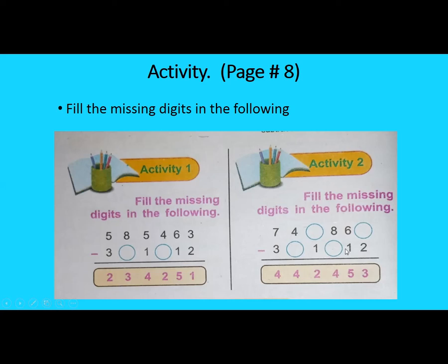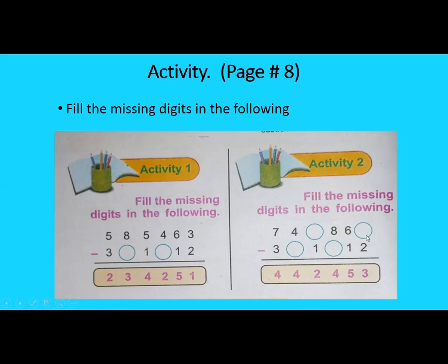Look, in this activity there are 4 circles. So as you know that we are doing subtraction over here, we will start from this side, that is the right side or ones place side. In this example we also started from the right side, from ones place value. So we will all start from ones place value.